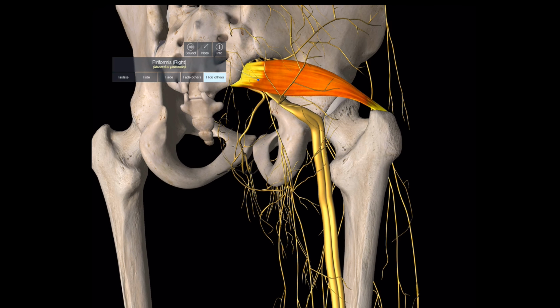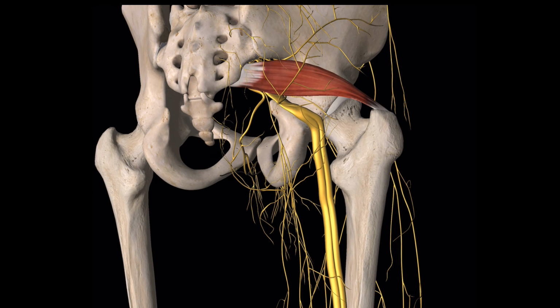It enters this region via the greater sciatic foramen and after entering here it then continues down between the ischial tuberosity and the greater trochanter to move downwards. Now let us see the relations of this nerve in the gluteal region.